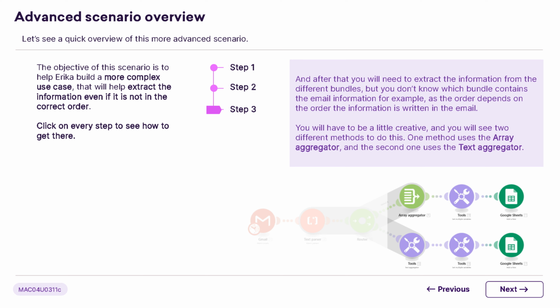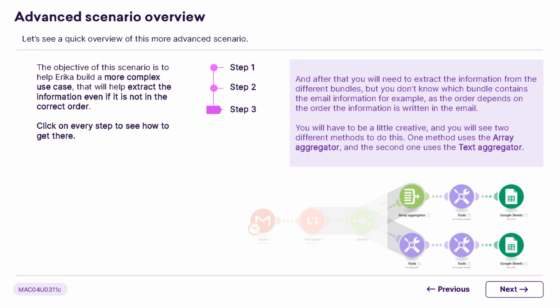Imagine needing to extract essential information, like an email address, from various bundles of data, even when this information is not presented in any particular order. This requires a bit of creativity because the exact location of the desired data within each bundle is unknown.